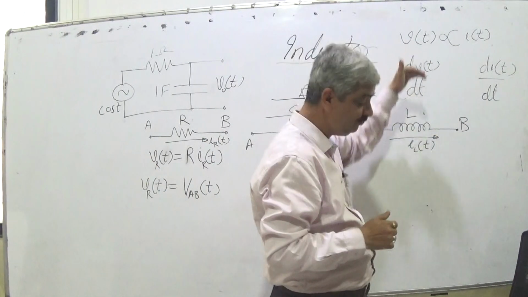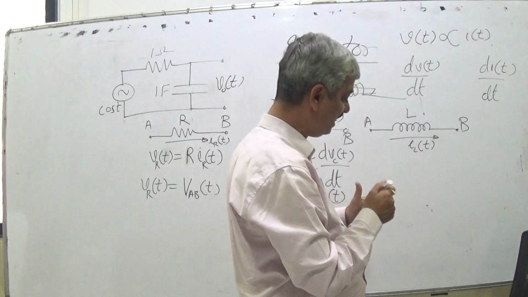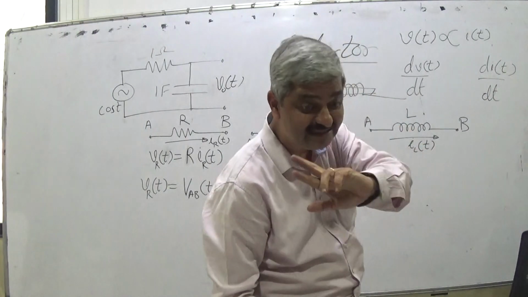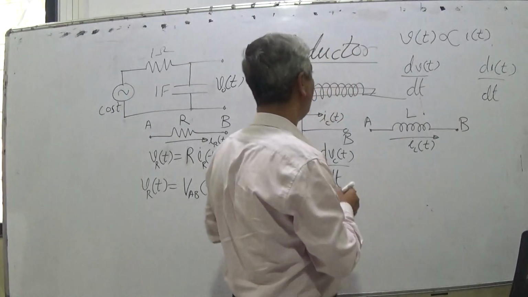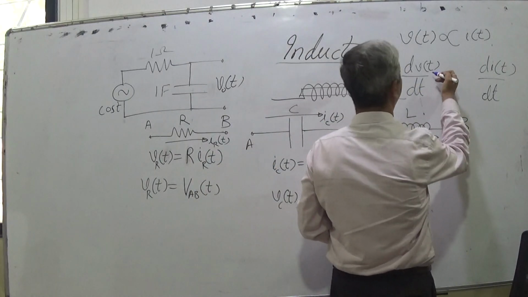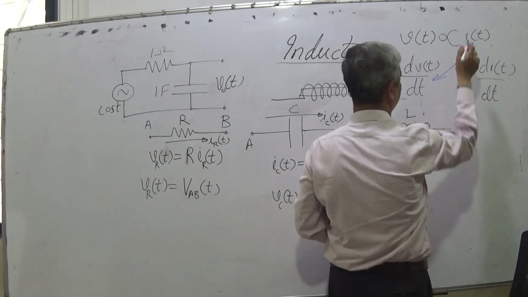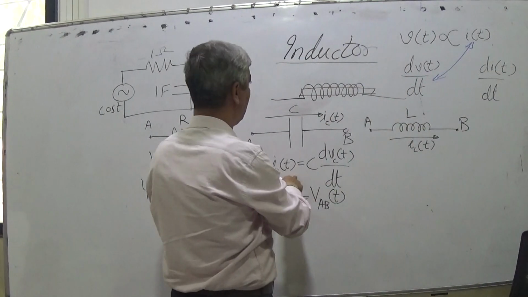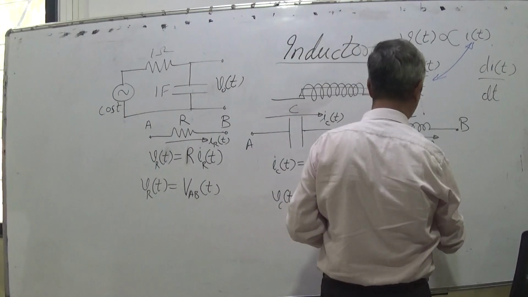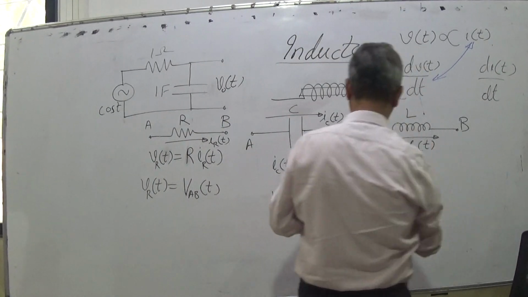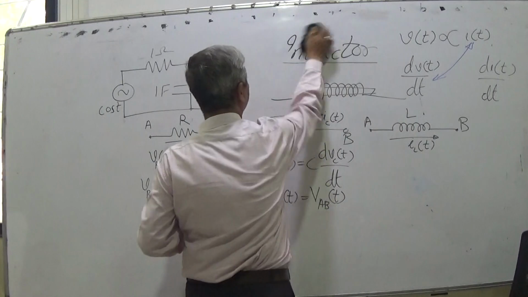So when we allow these two entities, then what kind of proportionalities can we have? One, this, that is here, IT. That is what we have got.